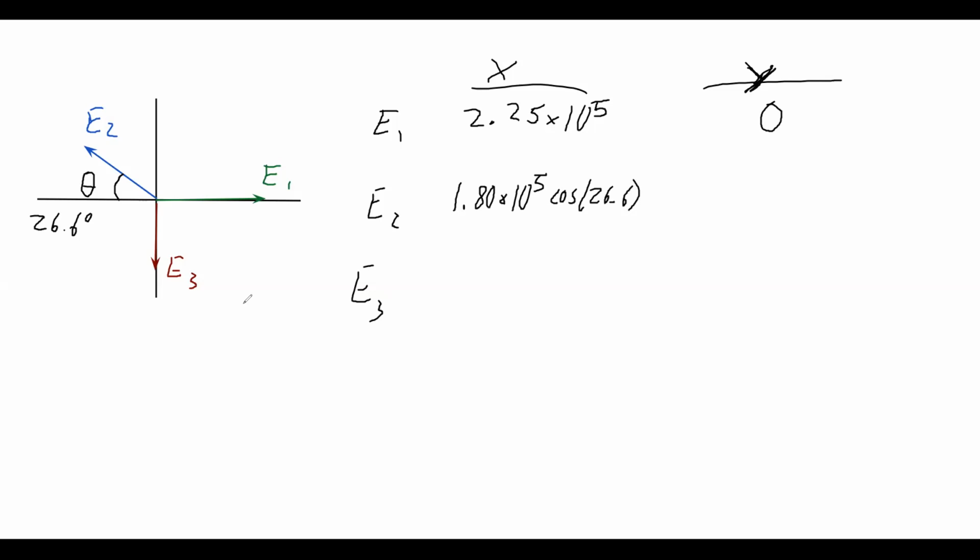Now, it is in the second quadrant, right? E2. If it's in the second quadrant, that means you got to make this negative. Okay, let's get the y component. Y component would be 1.80 times 10 to the 5 times sine of 26.6.